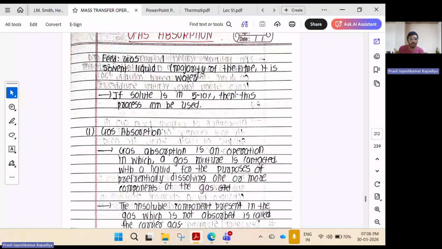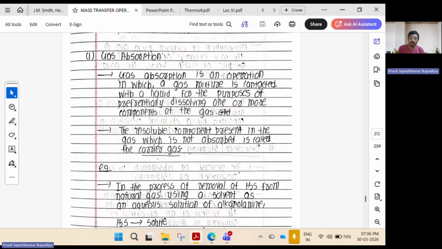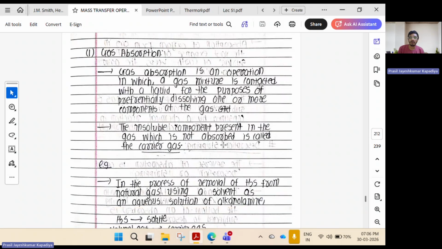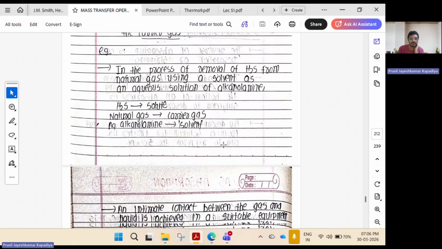The insoluble component present in the gas which is not absorbed is called the carrier gas, which is the pure gas we get after absorption.